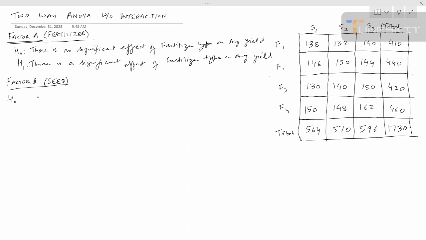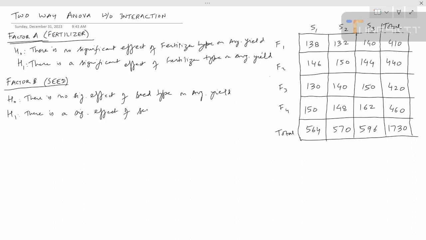So again, H0 is there is no significant effect of seed variety or seed type on average yield. H1, there is a significant effect of seed type on average yield.